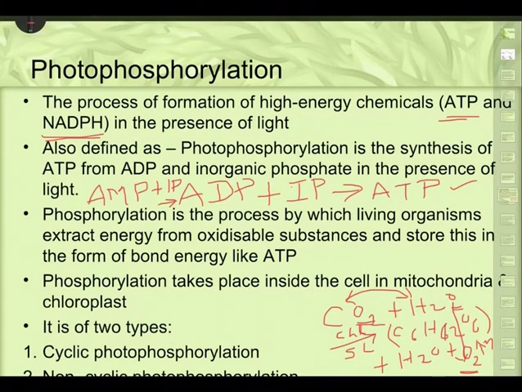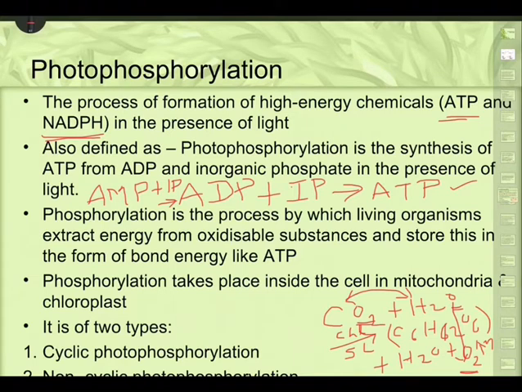And it is not only ATP that is formed. Here you can see there is a formation of NADPH. If you recollect from your memory, this NADPH, the high energy molecule, is formed in PS1. I said there are two complexes, PS2 and PS1.